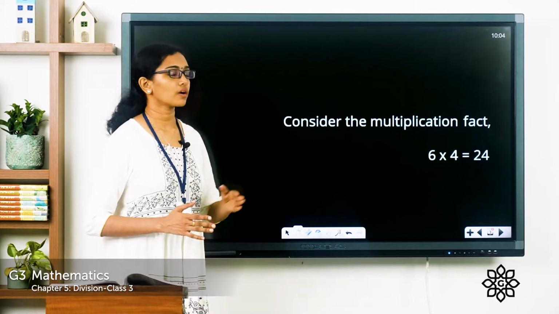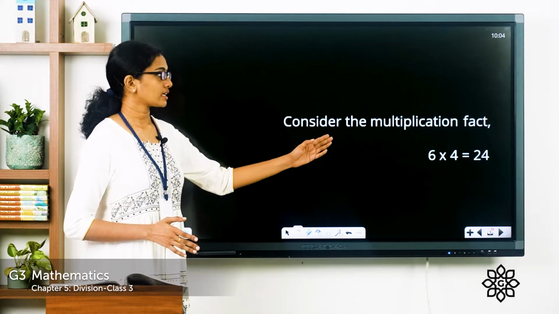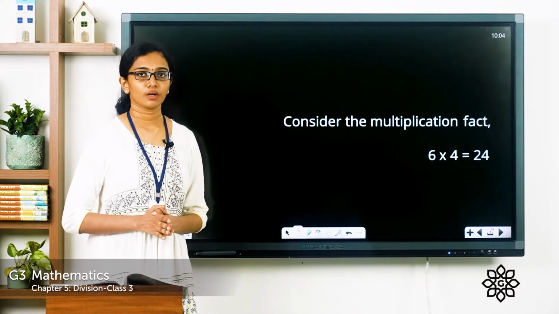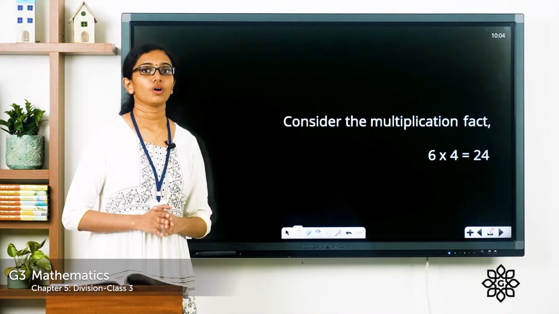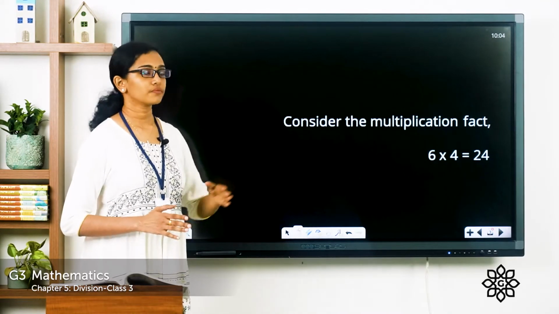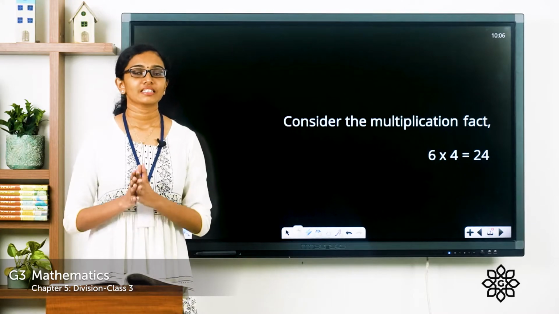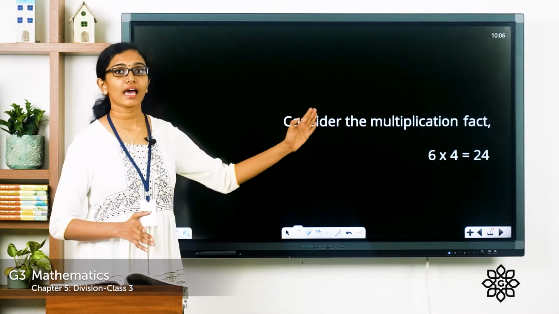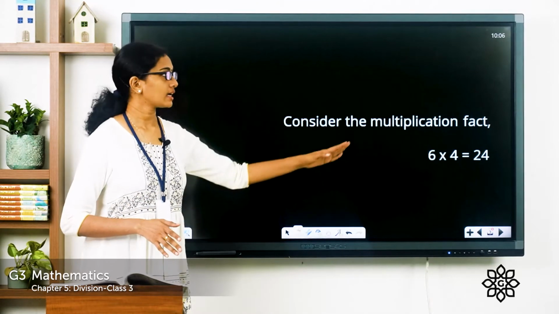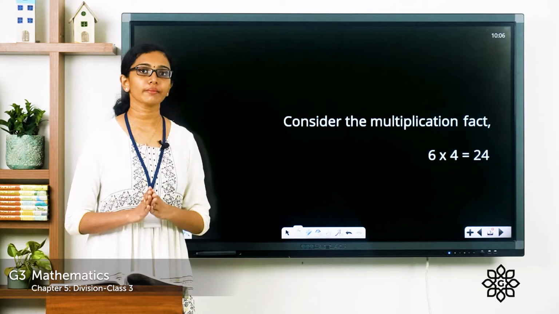Now, you see this multiplication fact here. 6 into 4 is equal to 24. You can say 24 is a multiple of 6 and 24 is a multiple of 4, or 6 and 4 are factors of 24. Since 6 and 4 are factors of 24, both 6 and 4 can divide the number 24 completely without leaving any remainder.